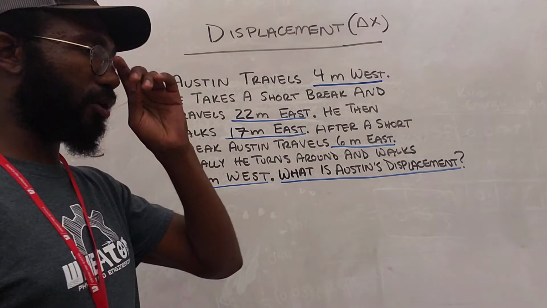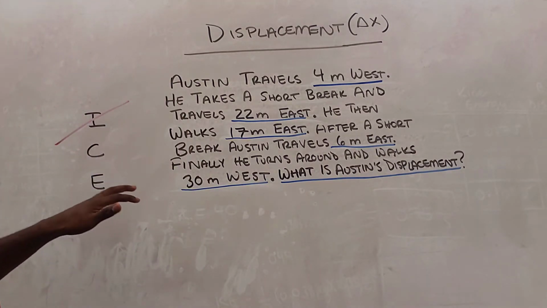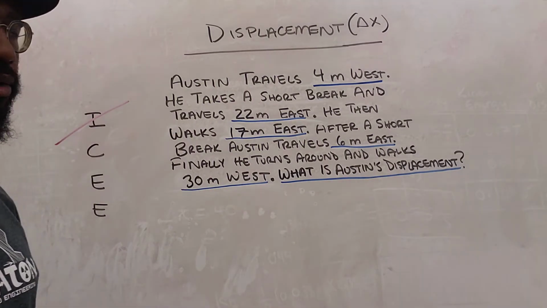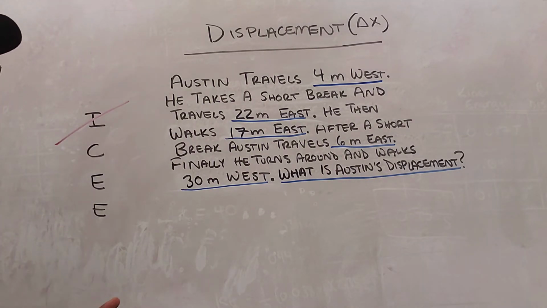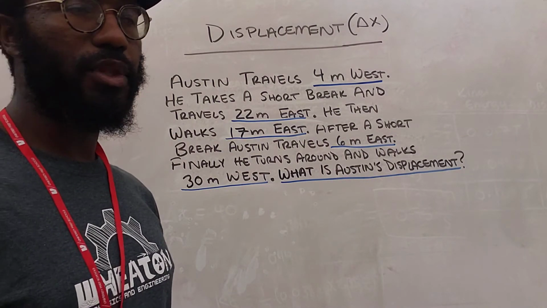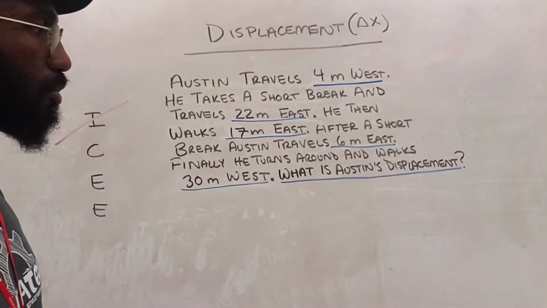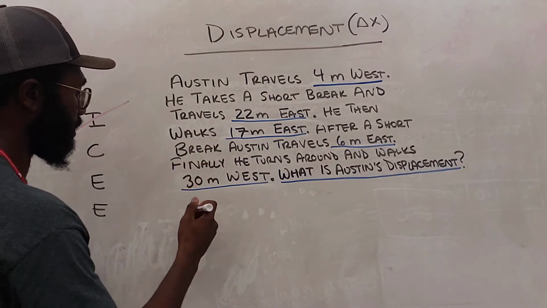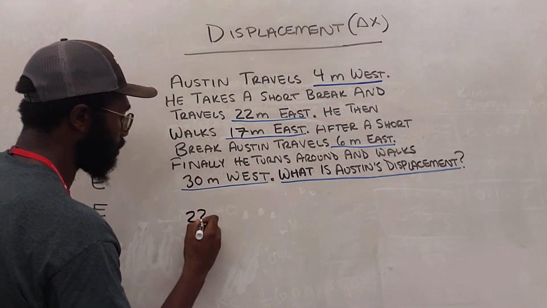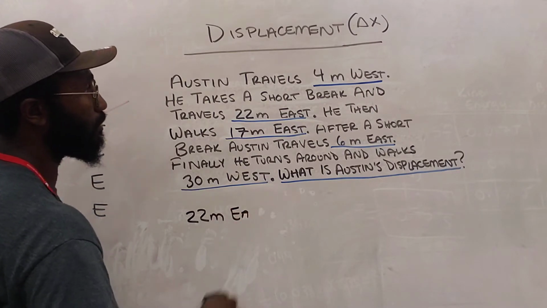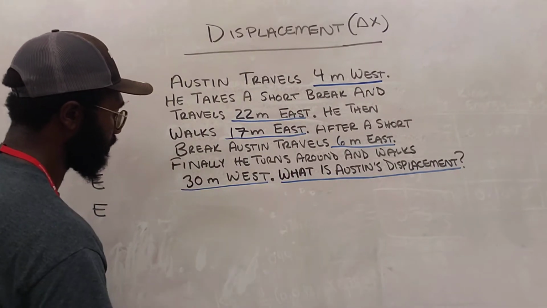So when we categorize, we need to put all of our measurements into a category, okay? Now they are all displacements, we know that, okay? So we're going to combine all of these displacements. So let me just write them down here. Oh, let me start with the 4 meters west. Almost missed that one.